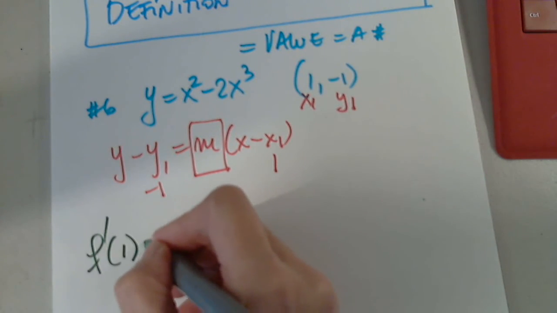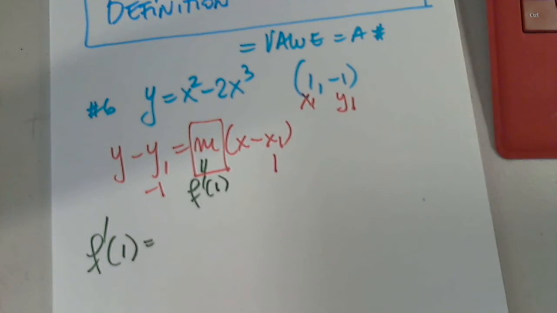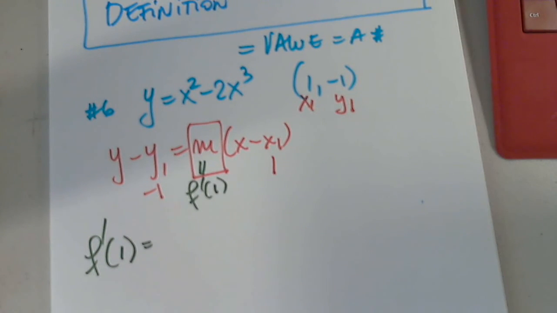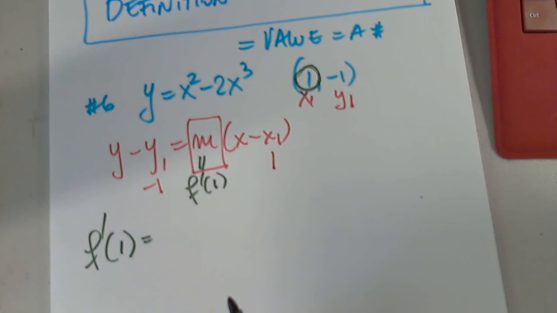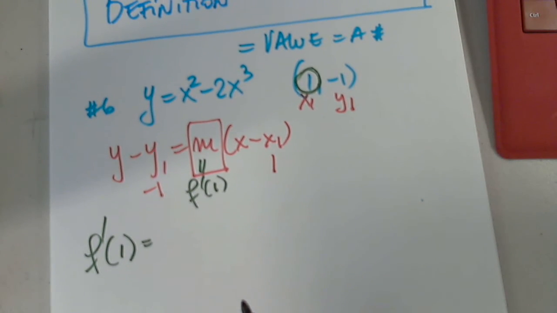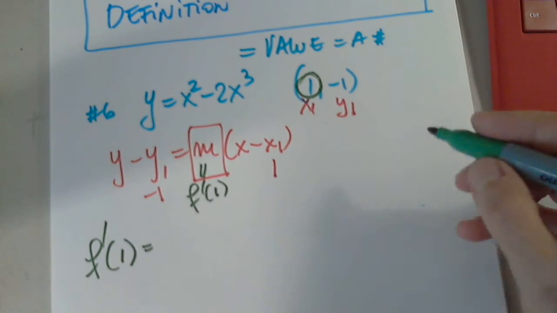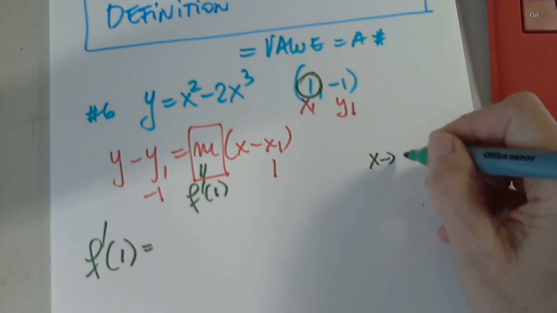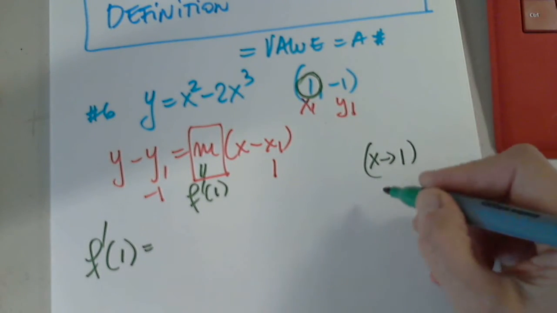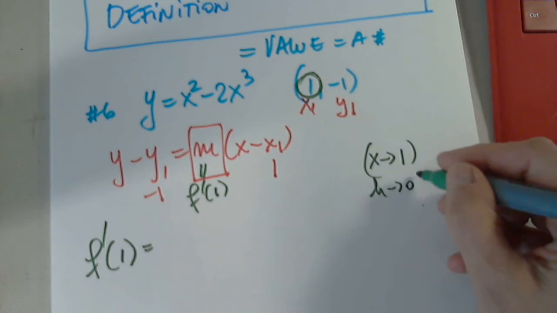Perfect. So in order to find f prime of 1, that's what this is, the derivative evaluated at 1, I have to write the definition. And I have two options. Either I write it when x approaches 1, or the other option is when h approaches 0.